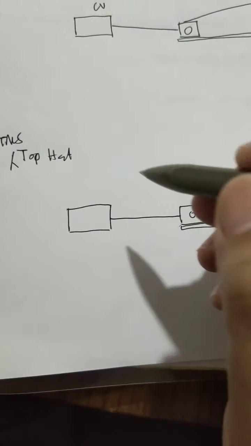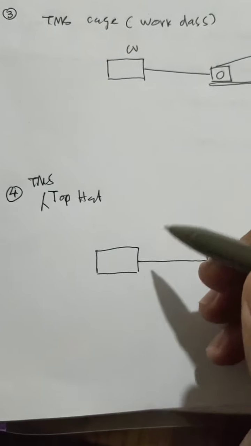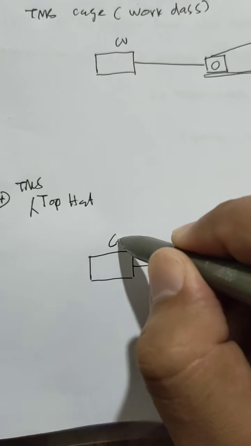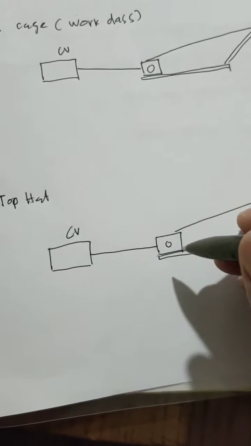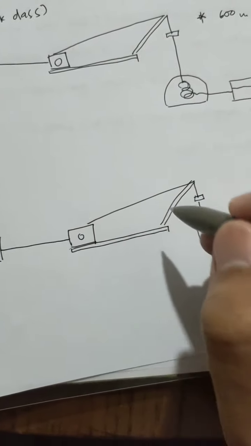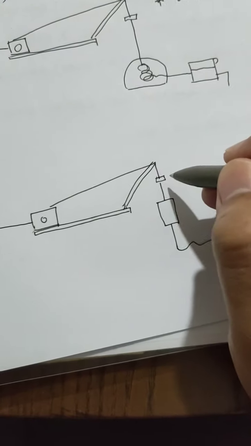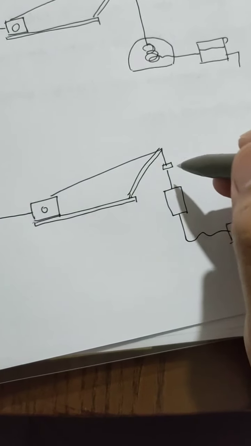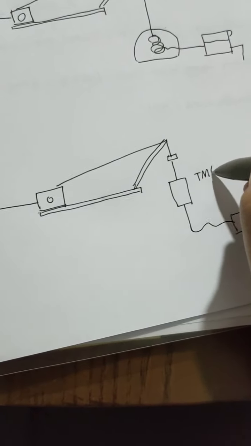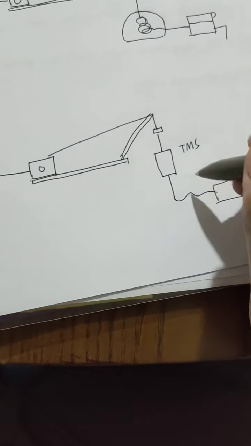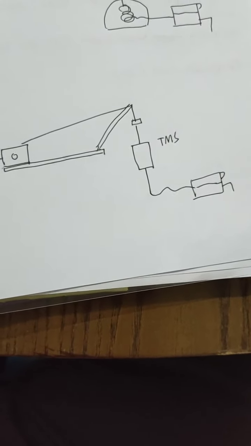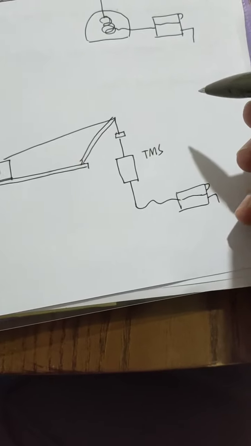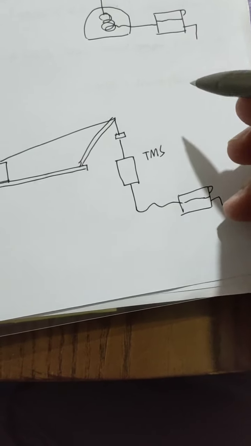For this type of mode of ROV operation, it also has a control van and umbilical winch, and it is attached to LARS, but this ROV has a TMS here, where the TMS is attached to the ROV.